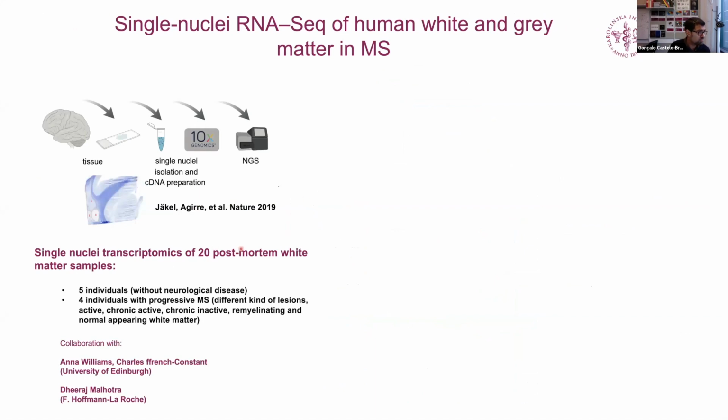A few years ago, we did a first study where we did single-nuclear transcriptomics of 20 postmortem samples from controls and individuals with progressive MS. This was done in collaboration with Anna Williams and Charles ffrench-Constant in Edinburgh, and also Dhiraj Malhotra at Roche.